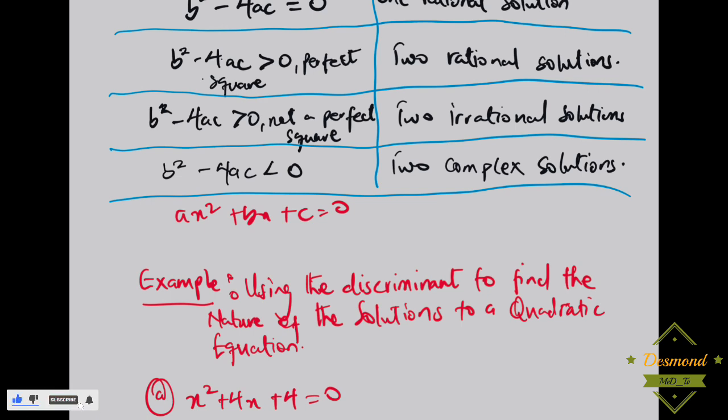We are going to use b squared minus 4ac. This tells us whether the solutions are real numbers or complex numbers and how many solutions of each type to expect. So let's go into the main questions.